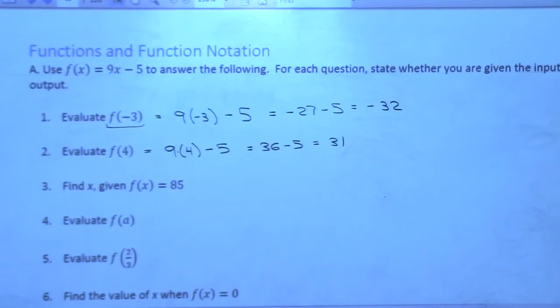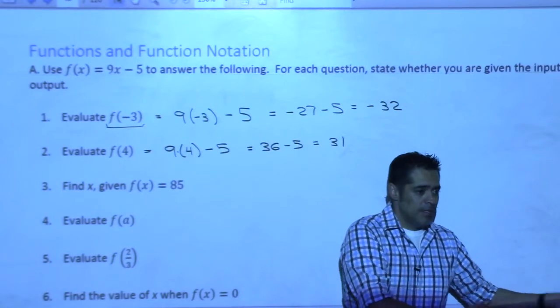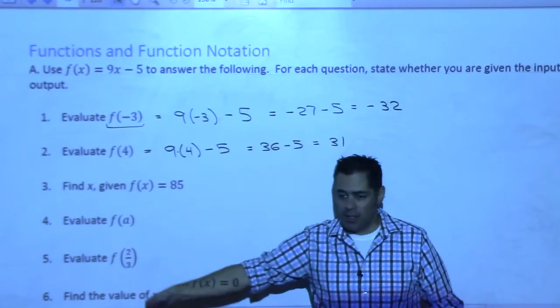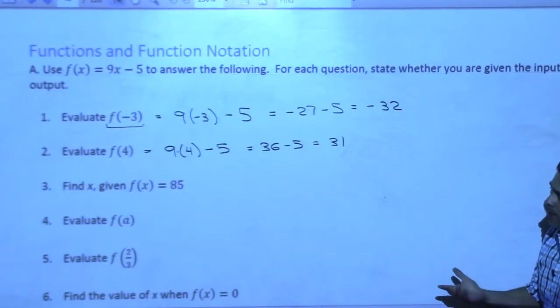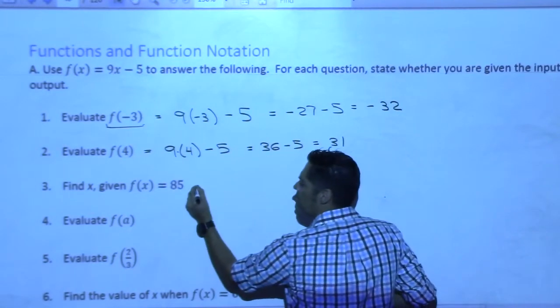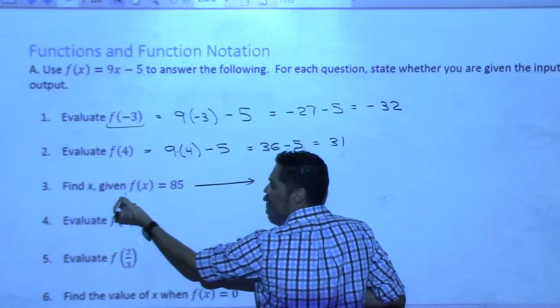Now what about number 3? Number 3 is different. Is number 3 asking you to plug 85 into the function? It's saying, hey, look, 85 is what comes out. Tell me what went in to give me 85. And even though that looks like it might be difficult, you can really just take this expression. This is an equation, isn't it? And don't we know what this is?